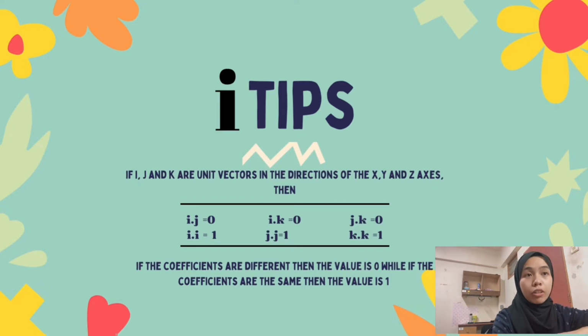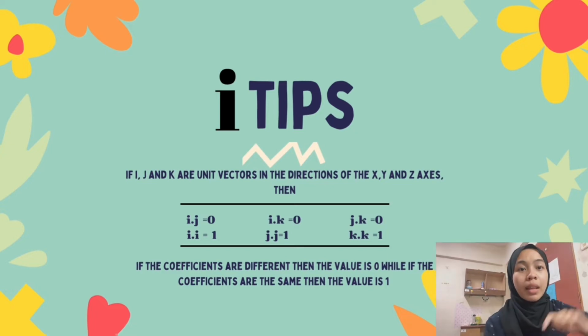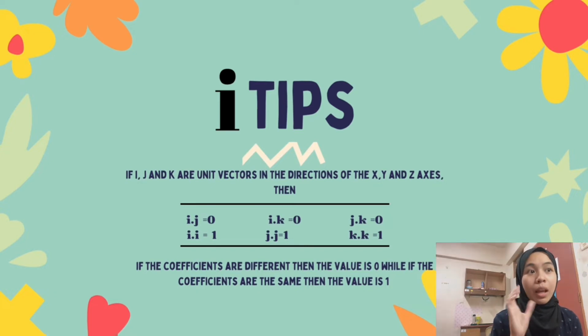First, if i, j and k are unit vectors in the direction of the x, y and z axis, then i dot j equals 0, i dot k equals 0, j dot k equals 0, i dot i equals 1, j dot j equals 1, k dot k equals 1. If the coefficients are different, then the value is 0, while if the coefficients are the same, then the value is 1.